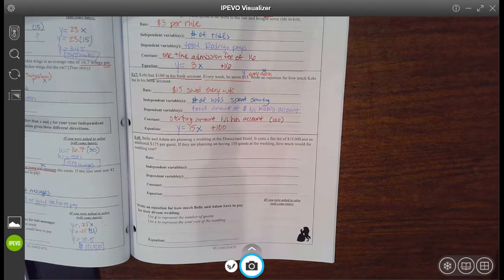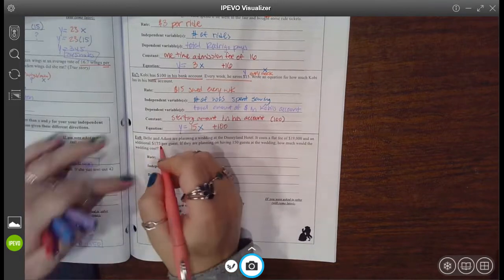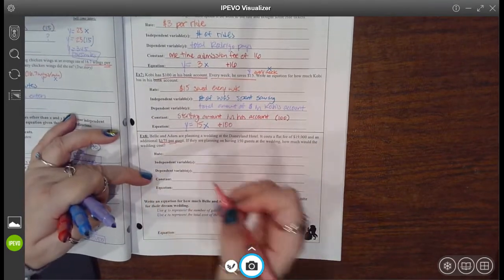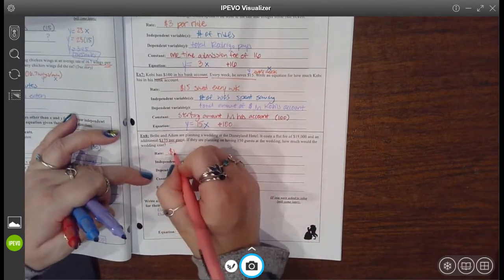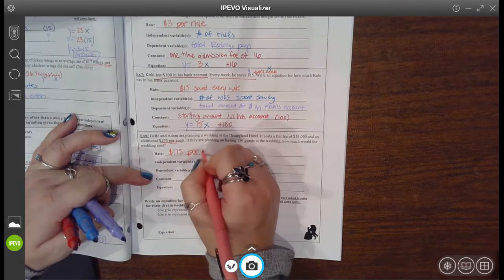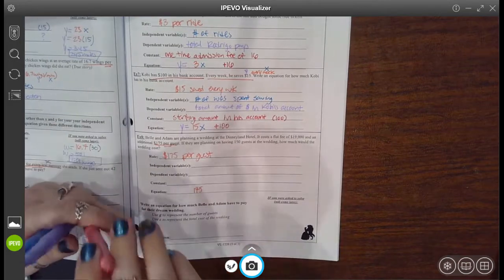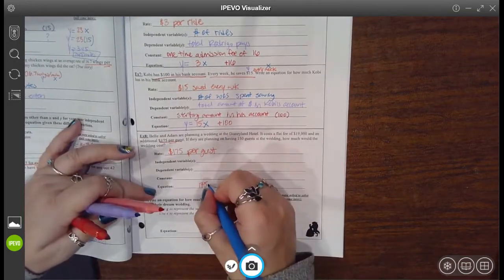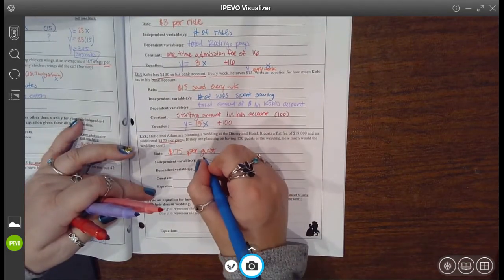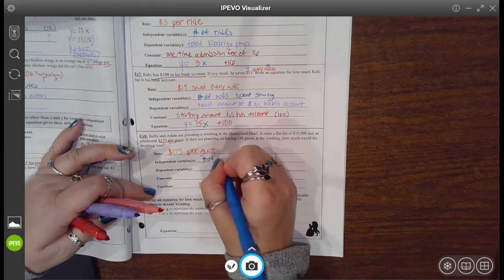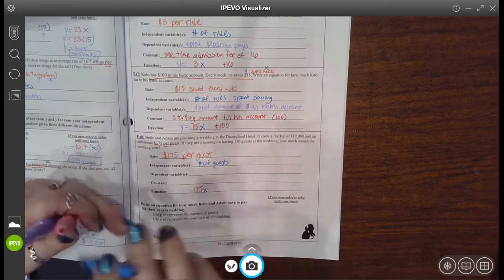Okay, there's lots of numbers and info in here. Okay, is there a rate? What is it? Okay, the 175 per guest, right? So your rate is $175 per guest. So 175 is going to be multiplied times x, where x is the number of guests, right?